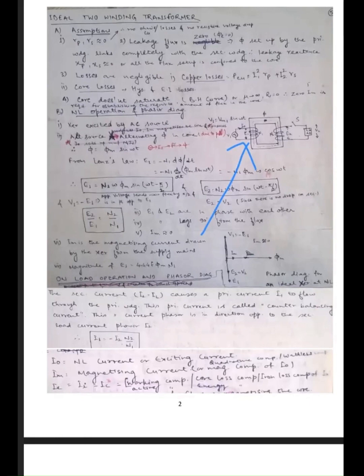So there will not be any leakage reactance, because if there is a leakage reactance, then there will be a drop due to it, and it will result in losses. And again, this leakage reactance exists on both the primary side and the secondary side.